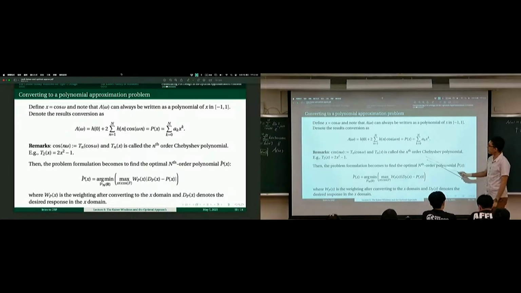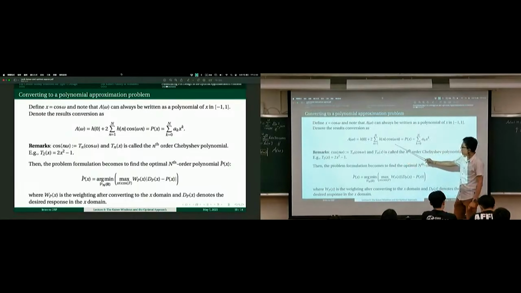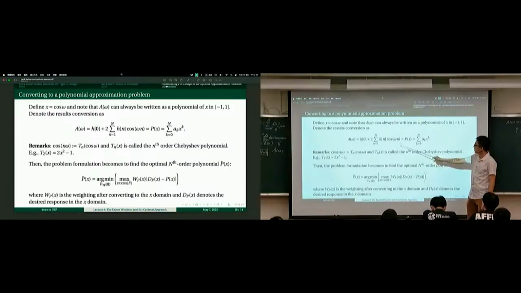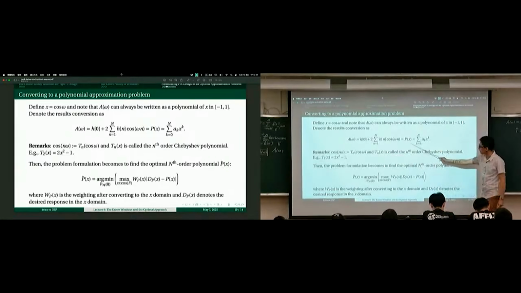Now, can we agree that if you're given the impulse response or the sample values h0 to hn, then you can convert A of omega into a polynomial? Let's denote it as P of x. That's one key step right here.